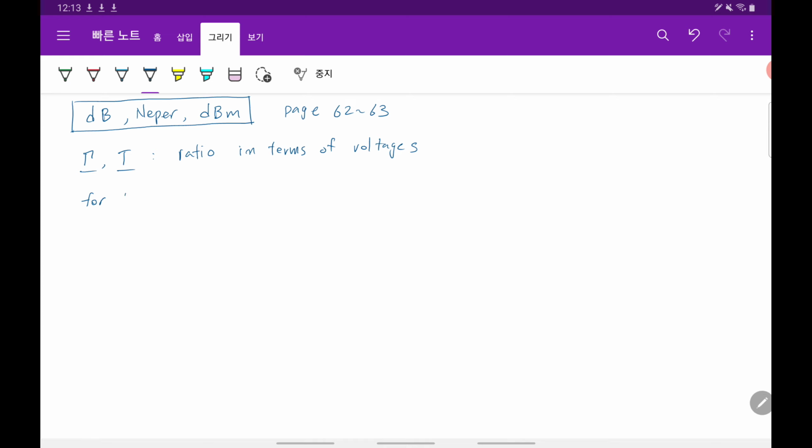For normally dB scale, we use power level. So normally 10 times log 10 P1 over P2. We compare the power 1 and 2. We use this term, right?